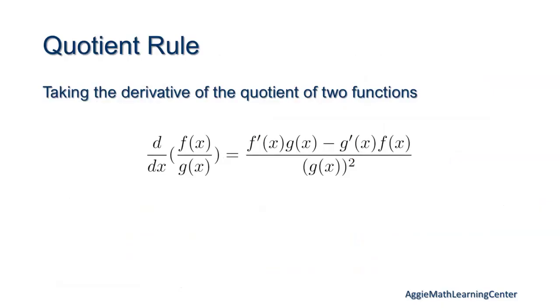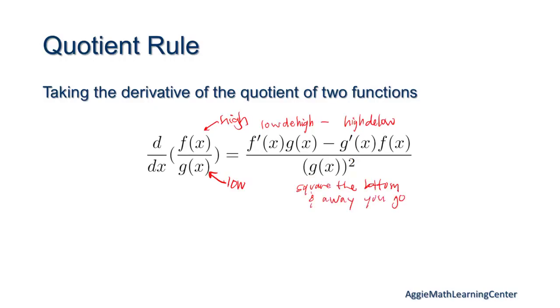Okay, so call this low, and this high. My high school teacher used this, but the way the saying goes is: low d high, the derivative of high, minus high d low, which is the derivative of the bottom, and then you square the bottom, which is the g of x, and away you go.